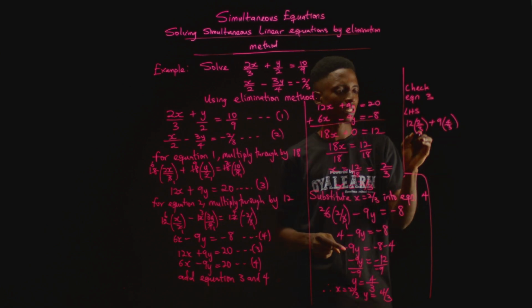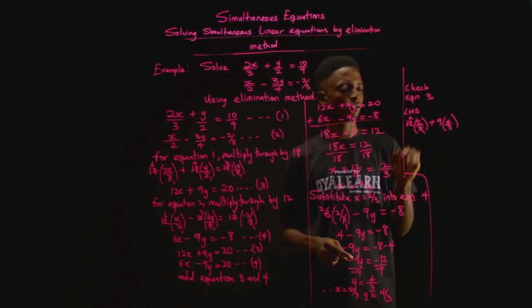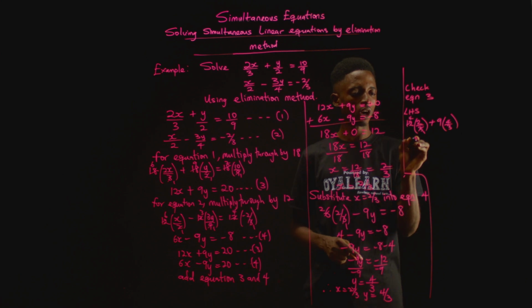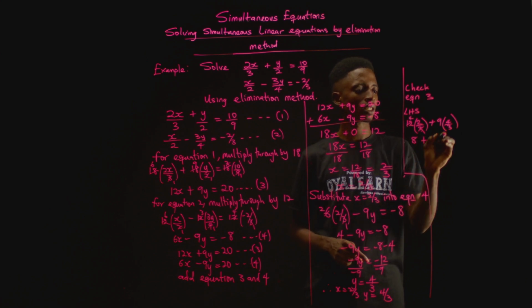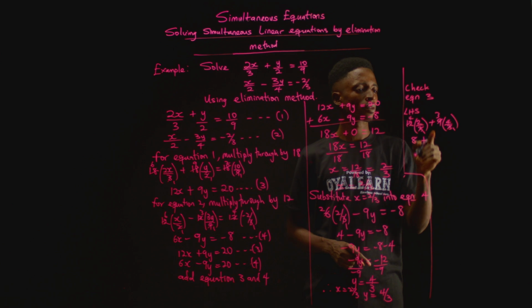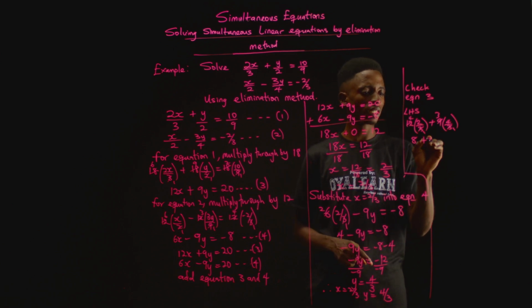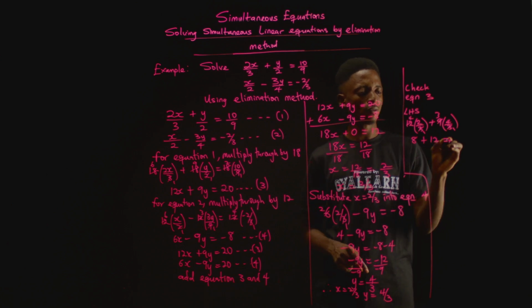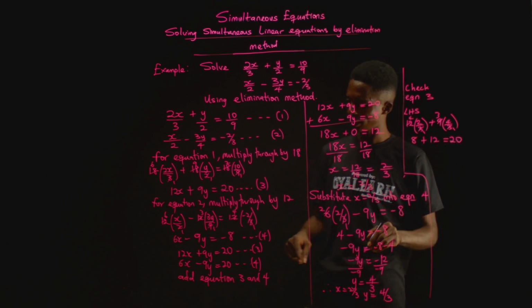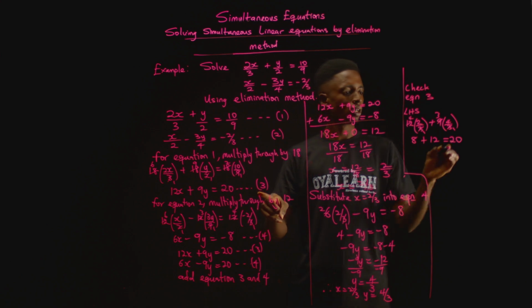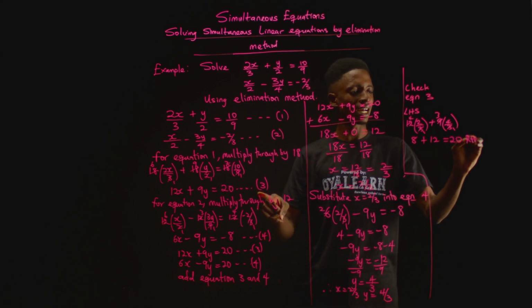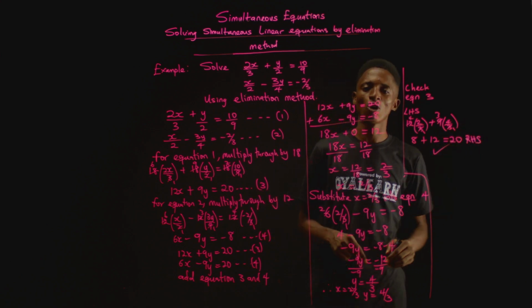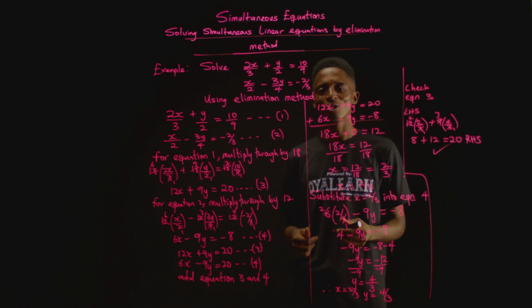Now let's check this. 3 here 1, 3 here 4. 4 times 2 will give us 8. Plus 3 here 1, 3 here 3. 3 multiplied by 4 would give us 12. And when we add 8 and 12, we would get 20, which is consistent with our right hand side. Hence, it is correct. And that is the solution to this problem.